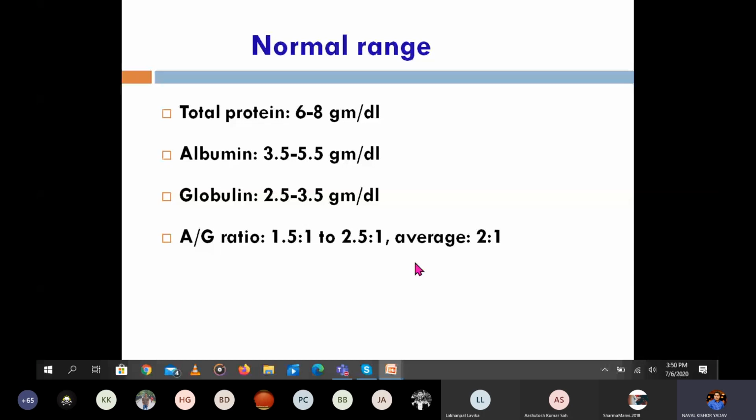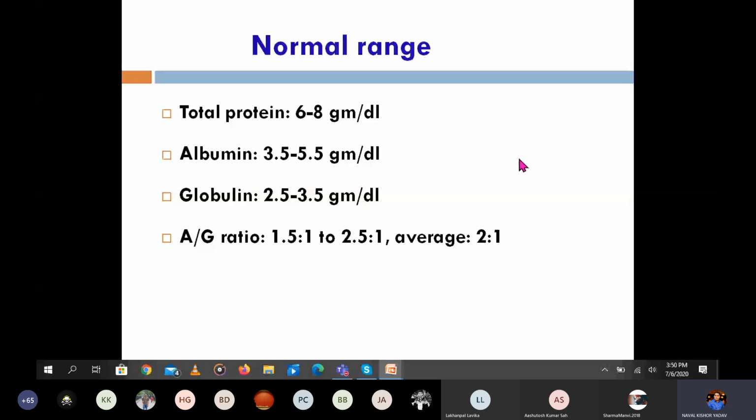Globulin you are not going to measure; you can calculate globulin as total proteins minus albumin. So you will get the value of globulins, 2.5 to 3.5 gram per dL. So these are the normal levels of serum total proteins, albumin, globulin and the A/G ratio.